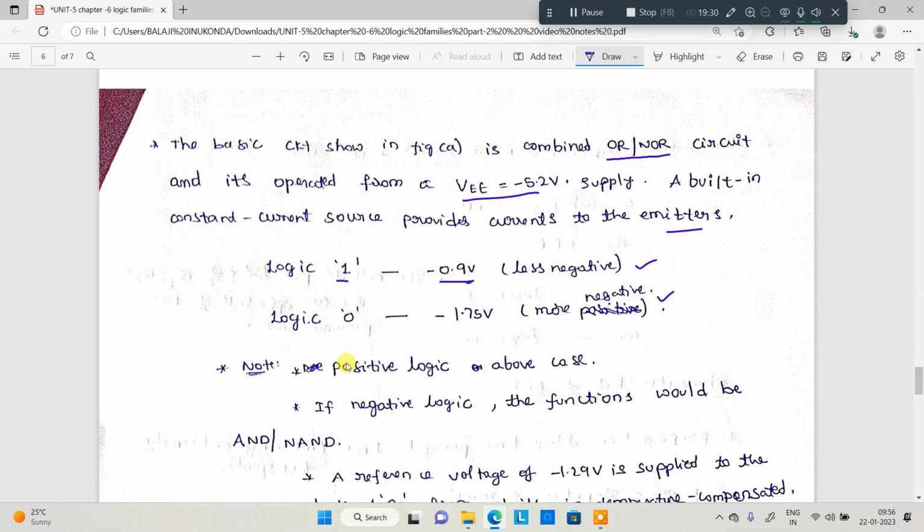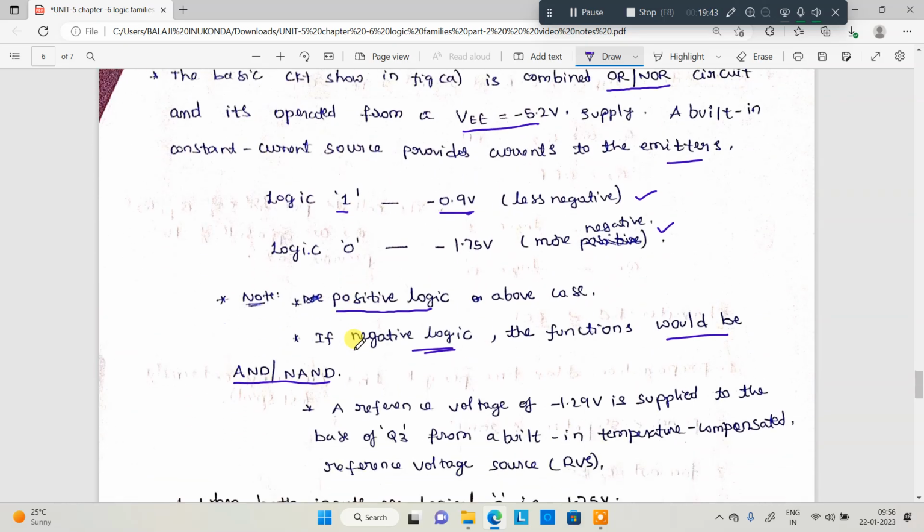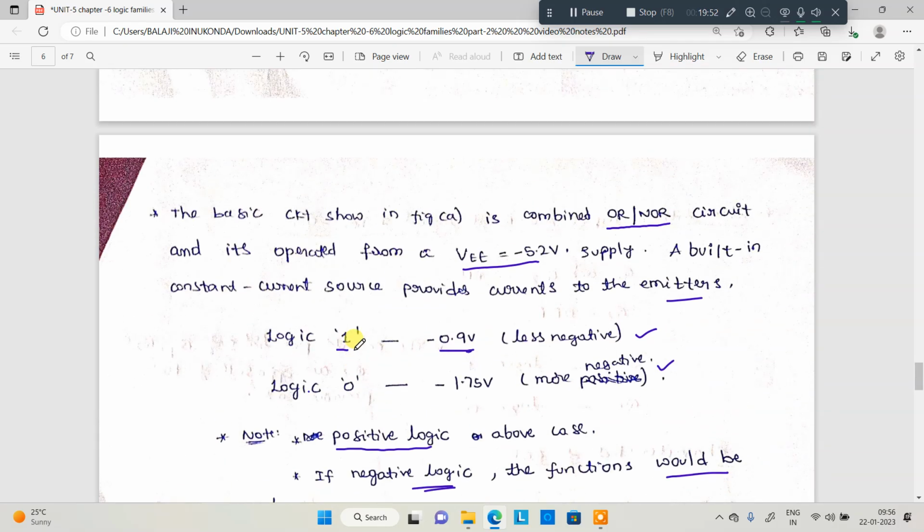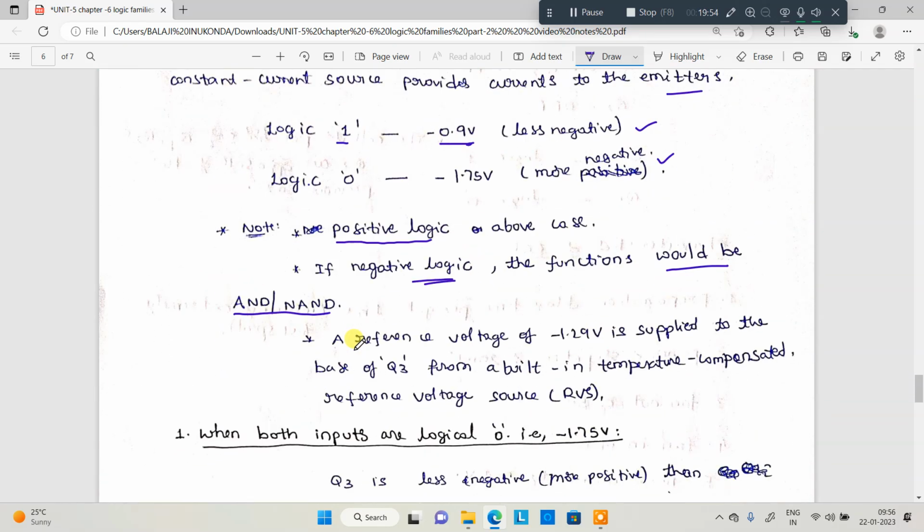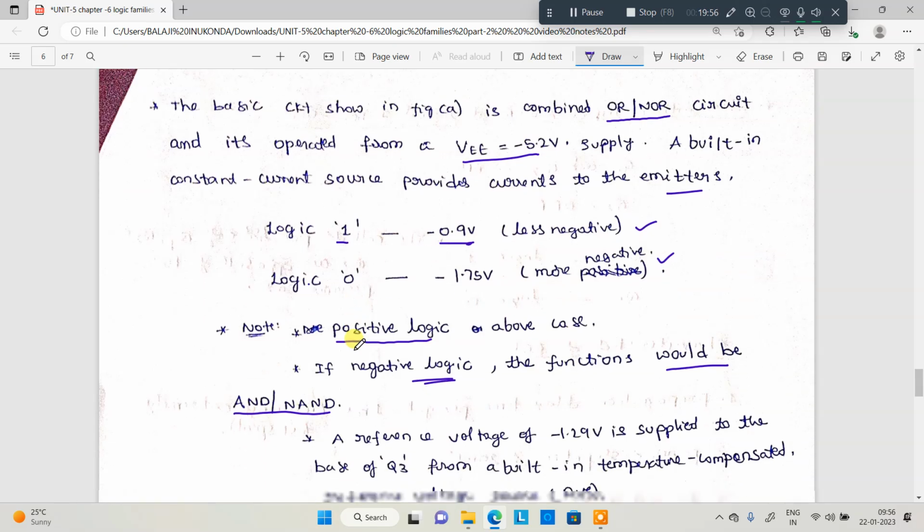More negative is 0, less negative is 1, which means it is using positive logic. If you use negative logic, the functions would be AND and NAND. That may be a question: in the case of an ECL circuit using negative logic, which of the following functions will take place? AND and NAND. If it is positive logic, OR and NOR. Throughout our explanation I am using positive logic only, don't worry.